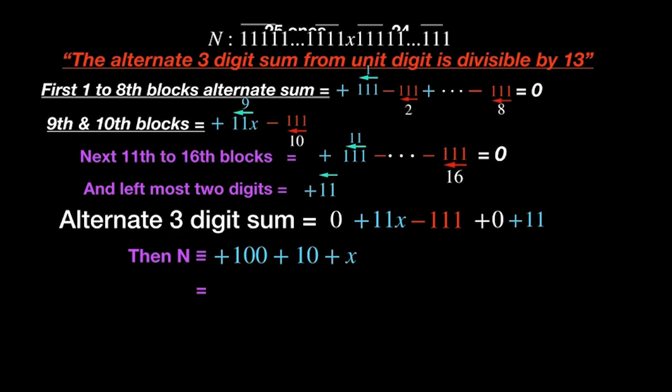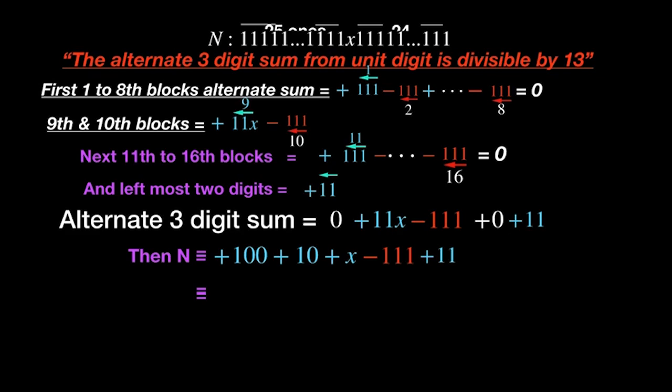Here 11x is a 3-digit number, its unit digit is x, its tens digit is 1, and its hundreds digit is 1. So the value of 11x will be x plus 10 plus 100, that is 100 plus 10 plus x, and then minus 111, and then plus 11.